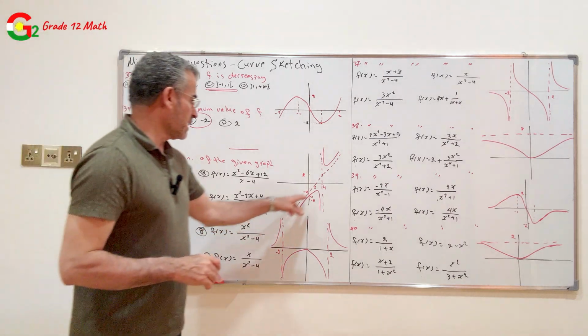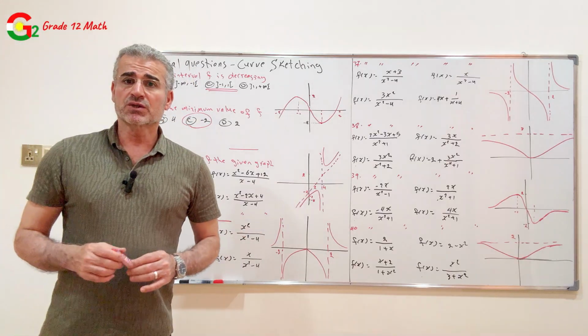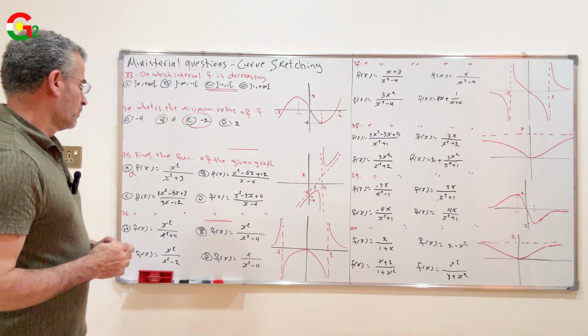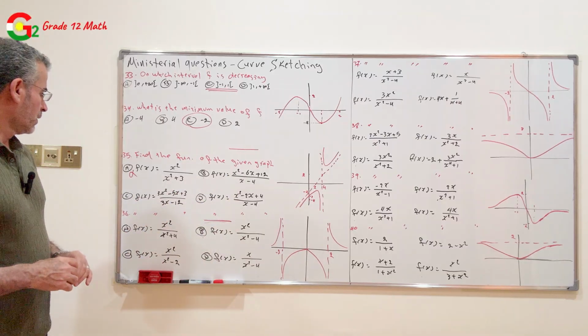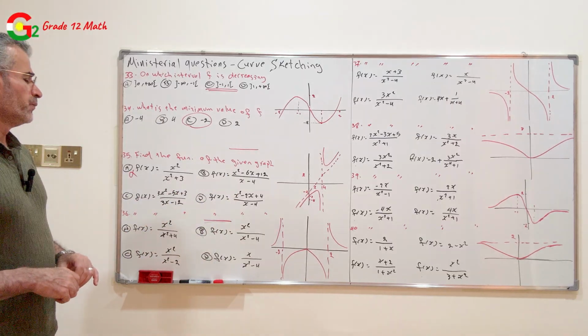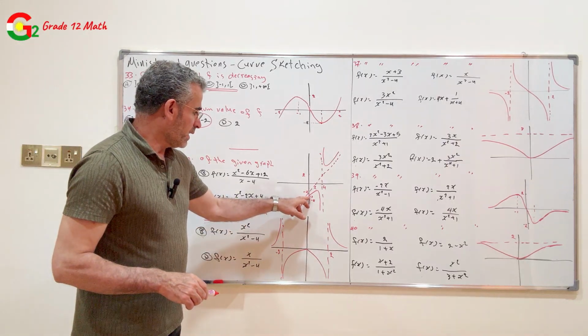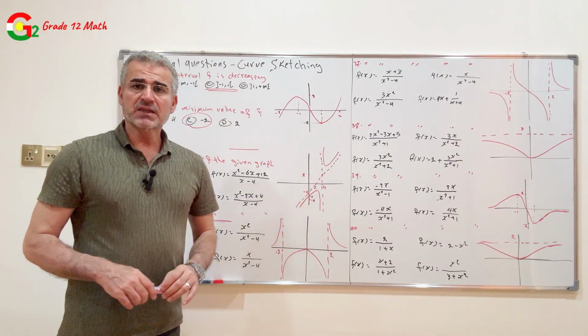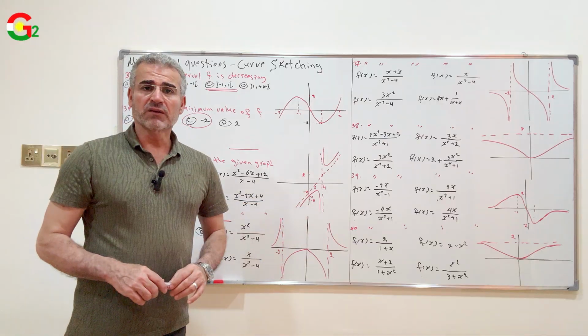And we have a slant asymptote. Therefore, the numerator should be greater than the denominator by 1. All the three choices are true. Now, we have a y-intercept at y equal negative 3.